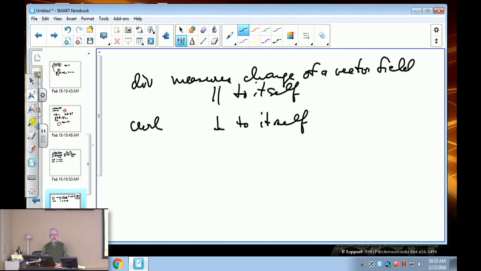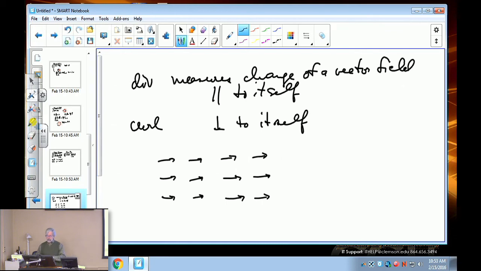Vector fields generally change in one of two ways. They either diverge or they circulate. Here's a vector field that doesn't change. It's the same everywhere. It's not zero, but it doesn't change. And when I say change, I mean with respect to place, with respect to location, not time.